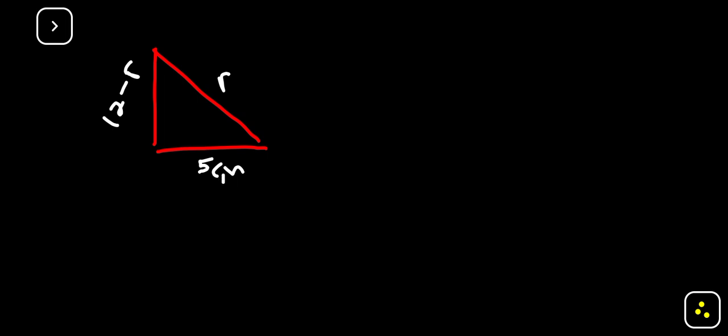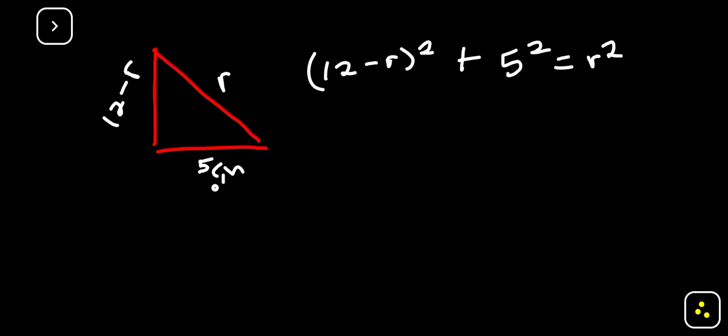So still using Pythagoras theorem, we're going to have 12 minus r square plus 5 square equal to the hypotenuse square. You understand that hypotenuse square is equal to the square of the other two sides. So 12 minus r square plus 5 square equal to r square.